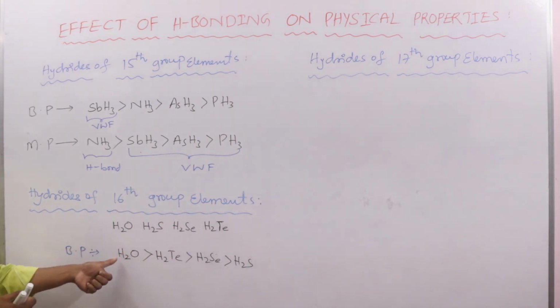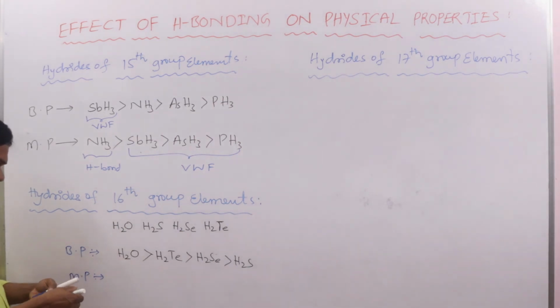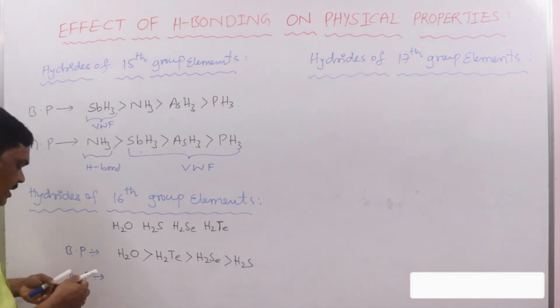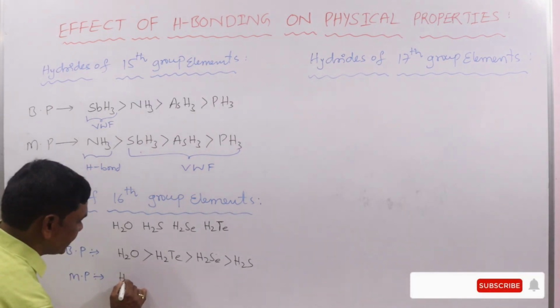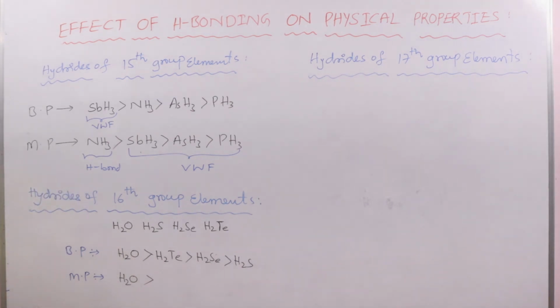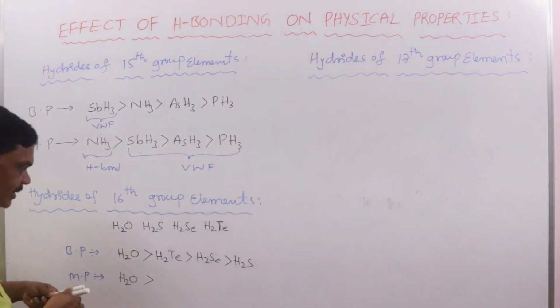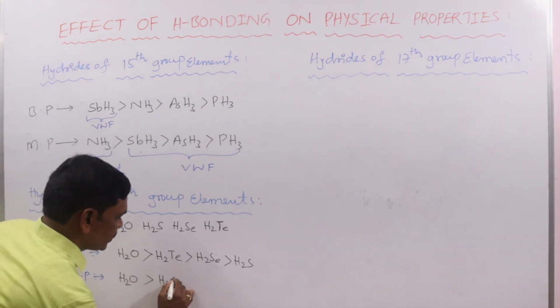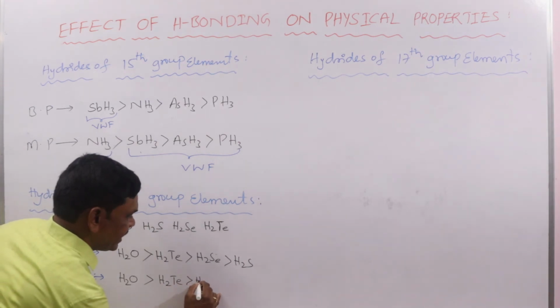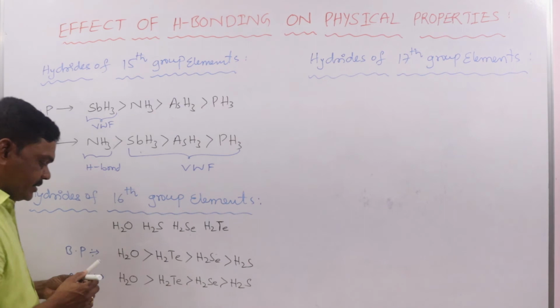Here the extent of hydrogen bonding in water is more, so compulsorily water also has more melting point. So that is H2O greater than, and the remaining order is same here, so that is H2Te greater than H2Se greater than H2S.